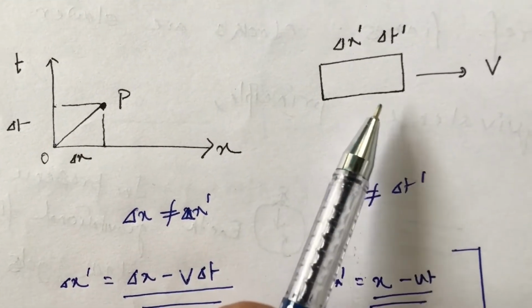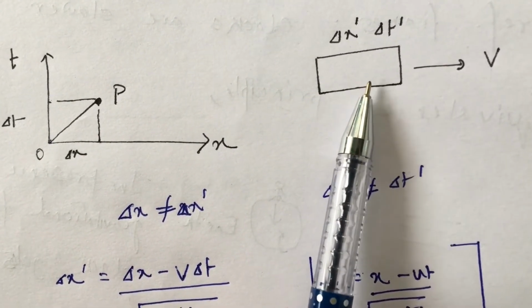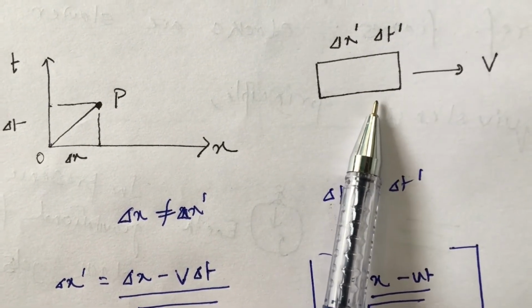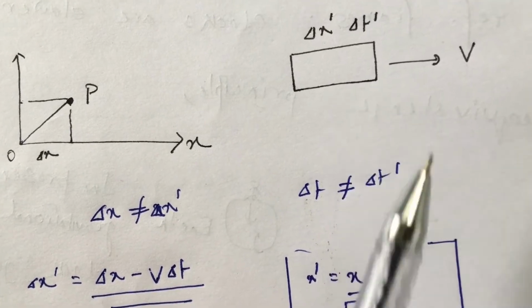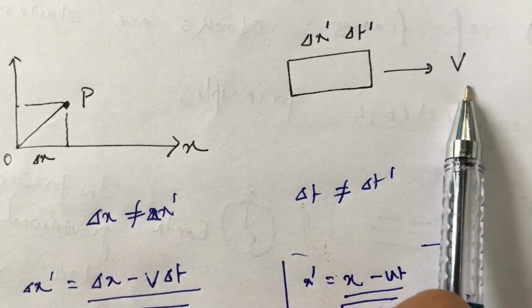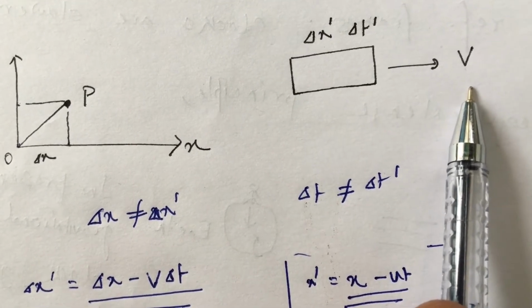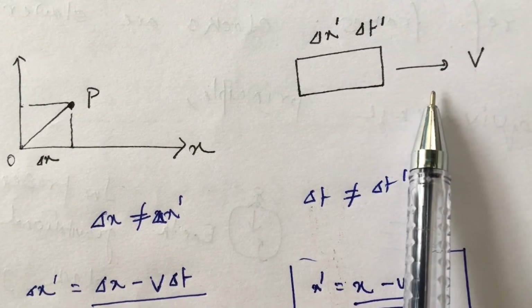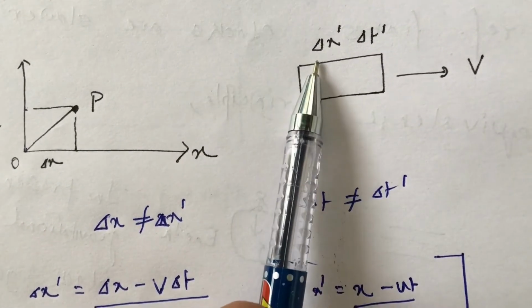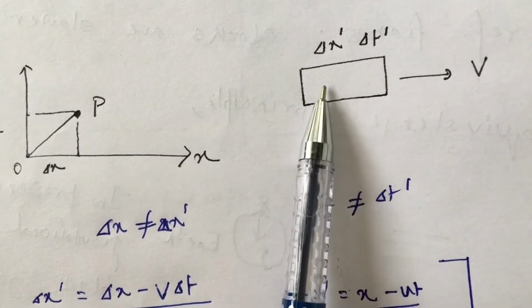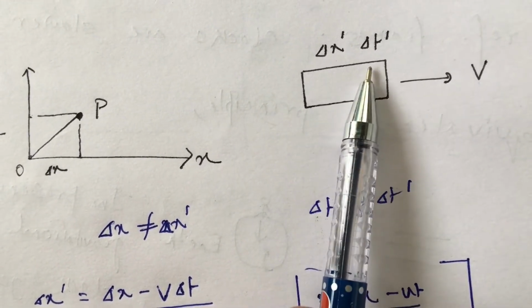If someone is traveling inside a spacecraft which is moving at a speed v, and v is comparable to the speed of light, he or she measures the coordinate and the time of the same event as delta x prime and delta t prime.